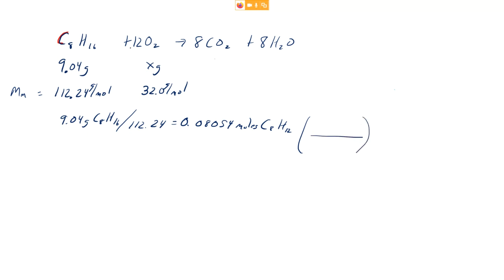And then what's the relationship between my octane and my oxygen? The 12 goes with the oxygen, and I want to cancel out the octane. So it's 12 moles of O2 over 1 mole of C8H18.